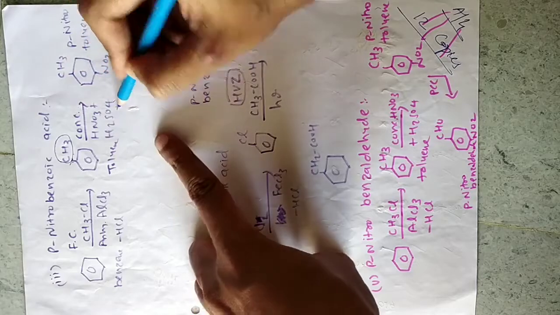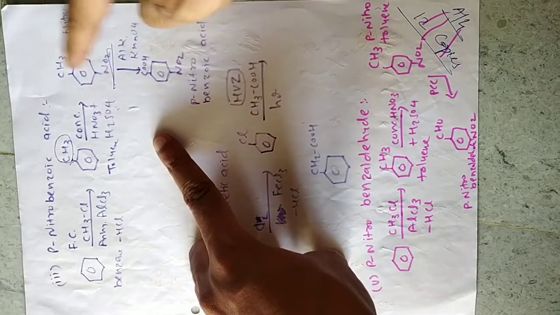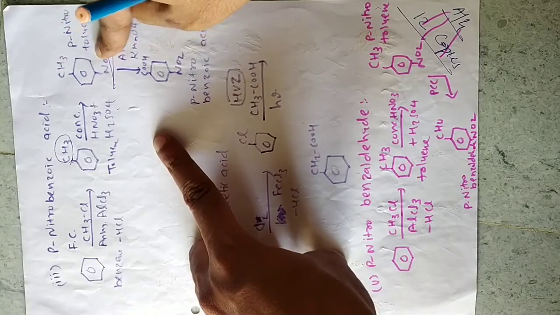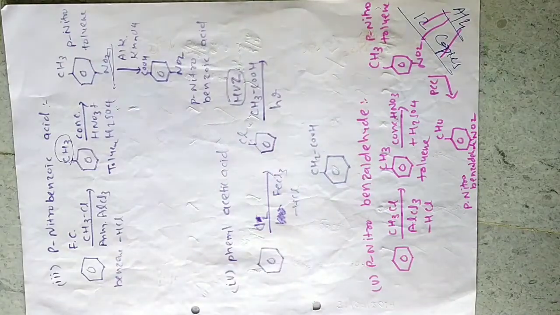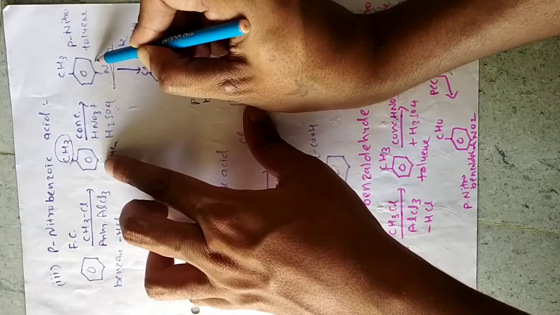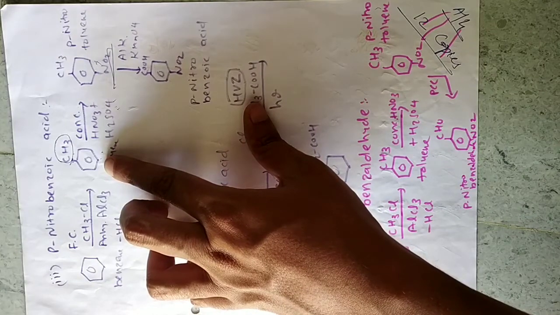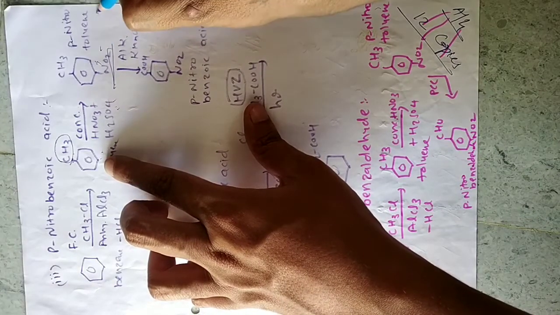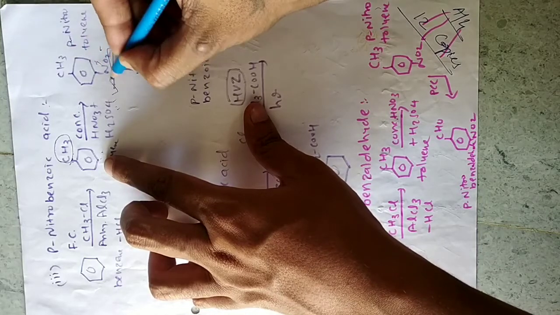By this reaction I'll get two products, orthonitrotoluene and paranitrotoluene. From that I need paranitrotoluene, so I have drawn that only.